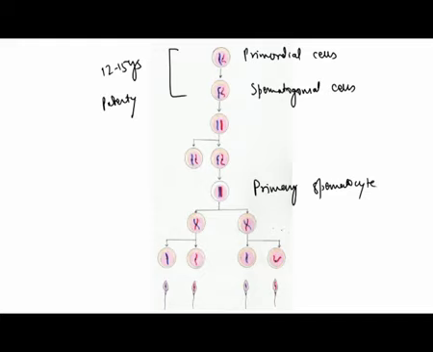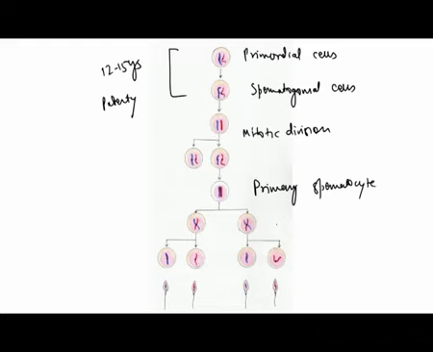So, primary spermatocyte is what is going to be formed after the actual mitotic division. So, mitotic division will form the primary spermatocyte.